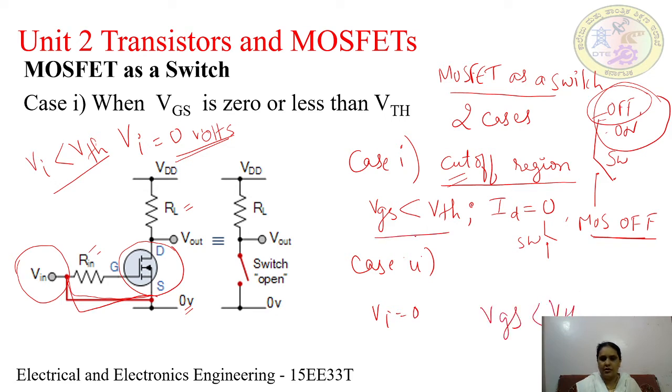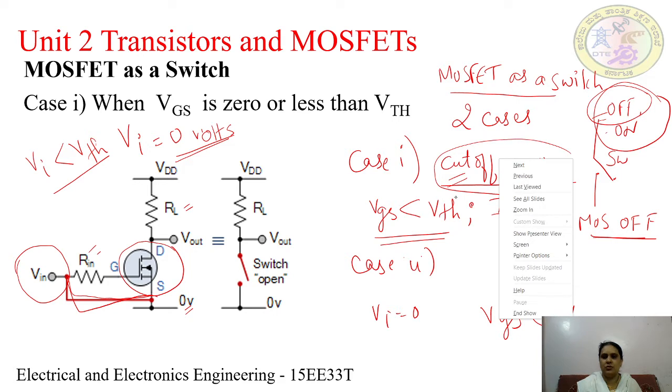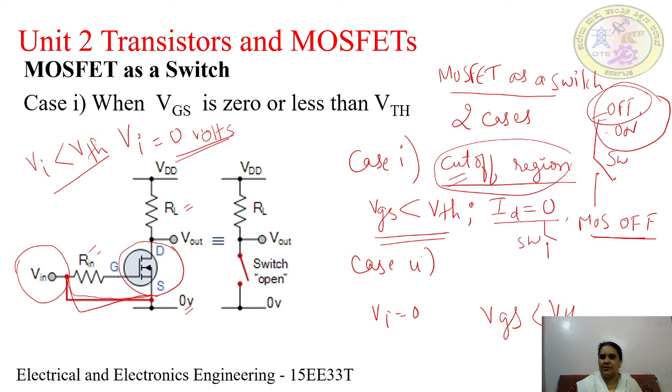I have got what I needed: the MOSFET should operate in the cutoff region, so the drain current will become 0. This is the equivalent circuit diagram when the MOSFET is operating in the cutoff region. It just resembles an open switch.